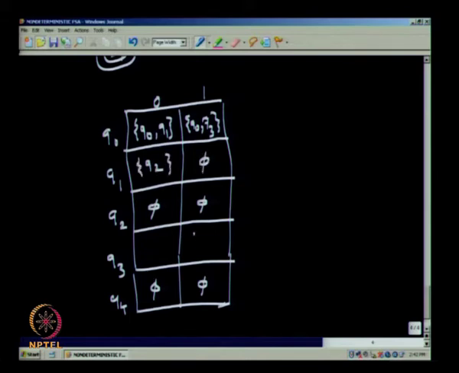From Q3, if you get a 1, you go to Q4, but you cannot read a 0. Initial state is this, Q2 and Q4 both are final states. So, the state table will be written like this. You can see that in each cell you have a subset of the set of states, whereas in a deterministic diagram you will have only one state there. This is the state table.